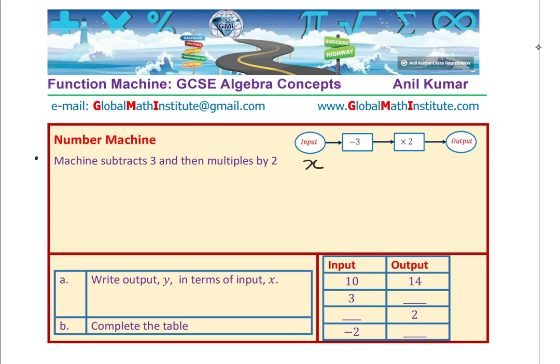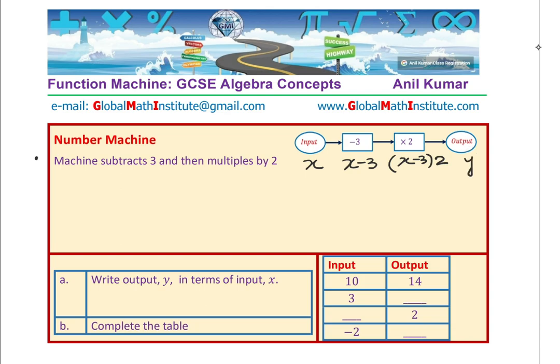So if x is the input, then the first operation performed will be x minus 3. That is, 3 is subtracted from the input, and then this value, which is x minus 3, is going to be multiplied by 2. We don't normally write a multiplication sign in between, since it confuses with x. So that becomes the output, which we'll consider as y.